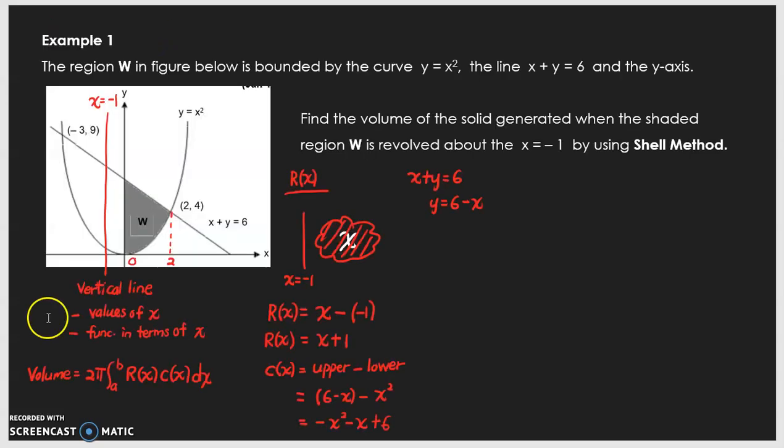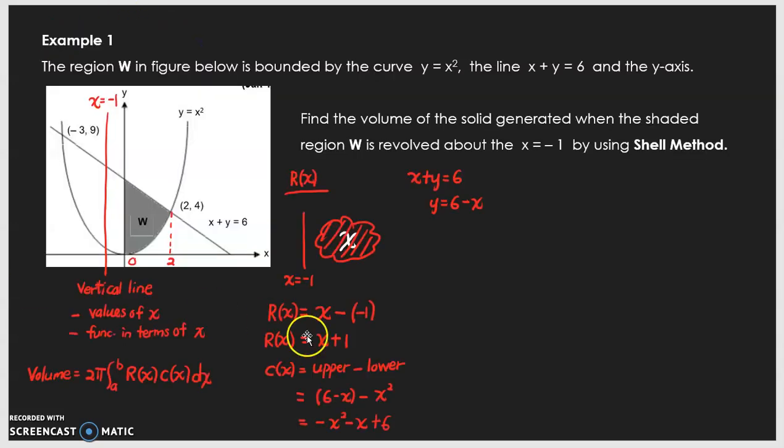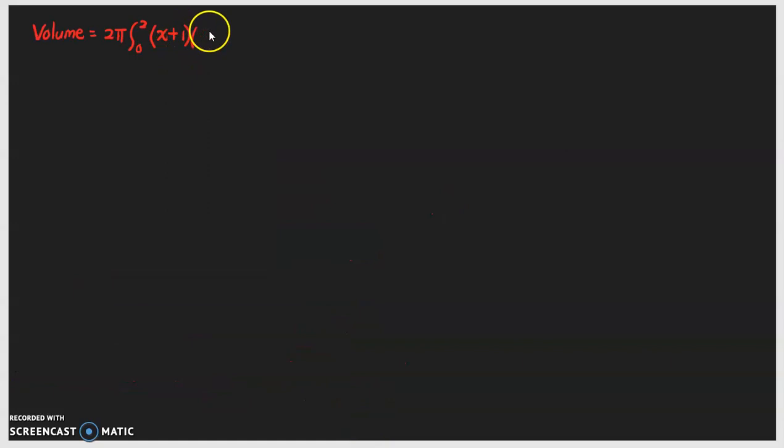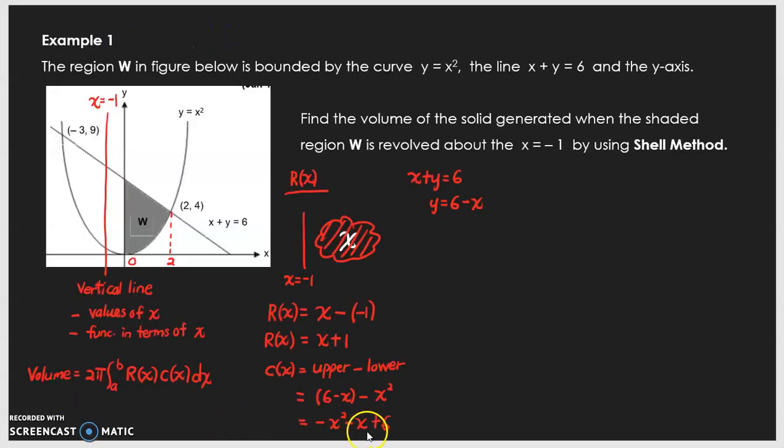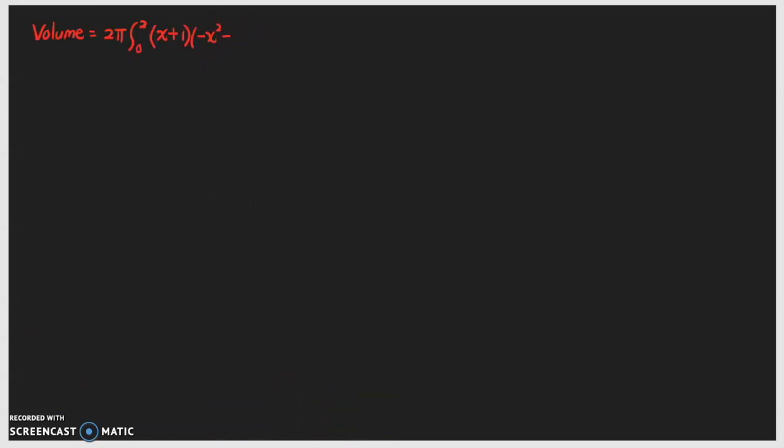So r(x) is x plus 1, so x plus 1 times our c(x), which is negative x squared minus x plus 6, dx.